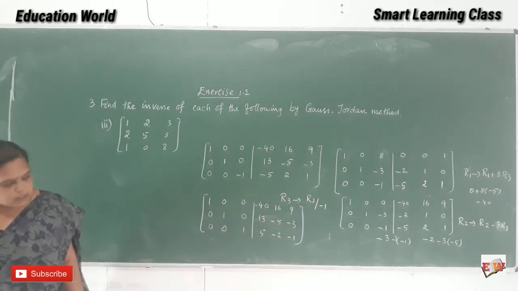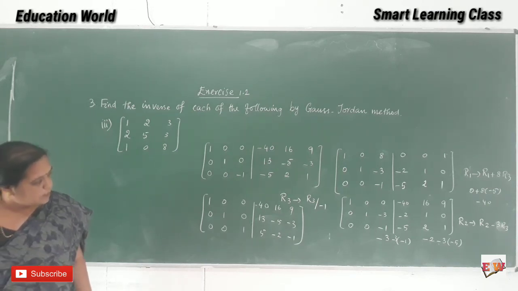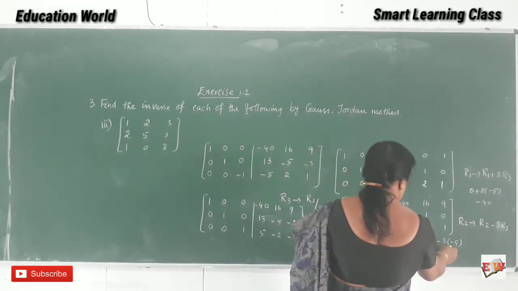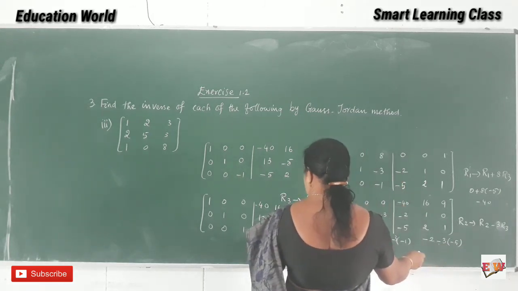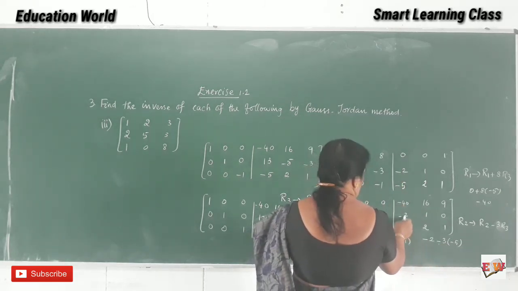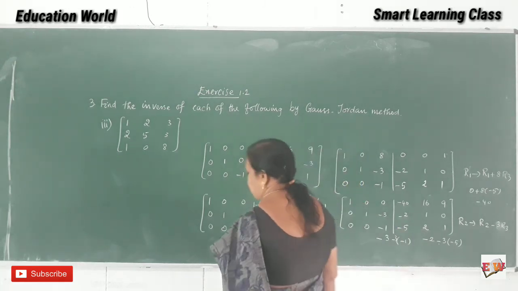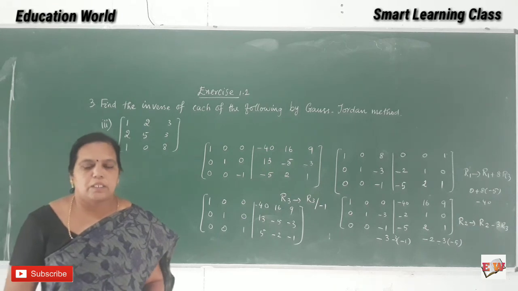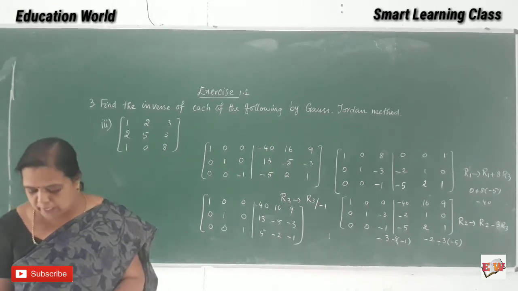Minus 40, 16, 9, minus 12, minus 5, minus 3. Okay, this is the answer. So you just do the practice. This is known as the Gauss-Jordan method to find the inverse of the given matrix. Okay, thank you.